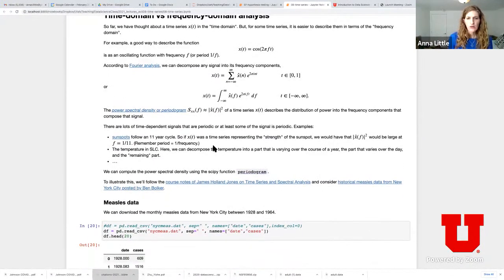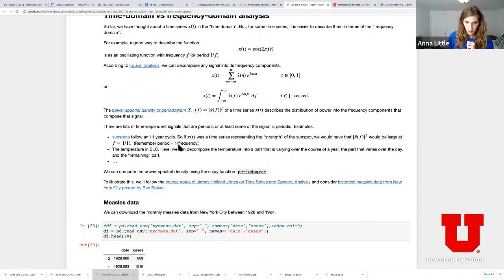Okay, and so you can think about why this is useful, because there are lots of time-dependent signals that are periodic, or at least parts of the signal are periodic. So for example, if you think about sunspots, these happen in an 11-year cycle. And so if x of t is your time series representing the strength of the sunspots, you would expect to see a large Fourier coefficient for a frequency of 1 over 11.